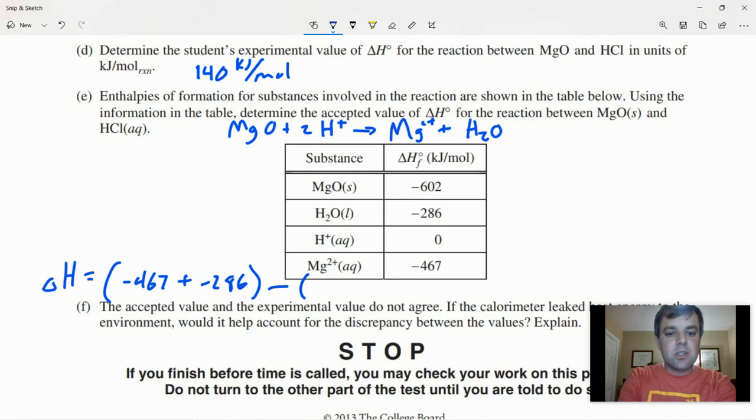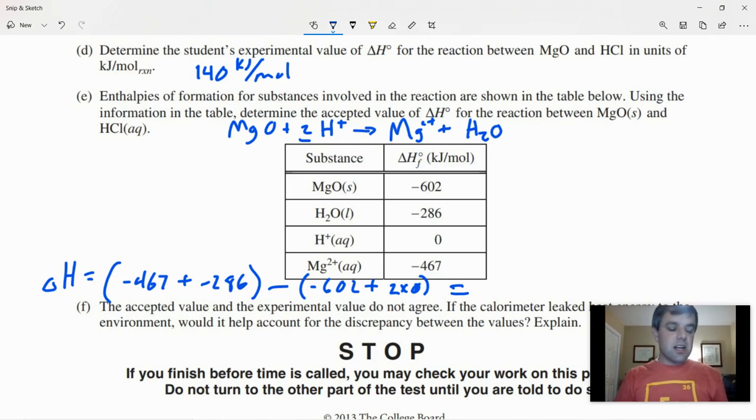So MgO, negative 602, plus H+, which is 2 times 0. Now we would do 2 times it because it had a coefficient of 2 in the reaction. And so we put this into our calculator, and we get negative 151 kilojoules per mole.